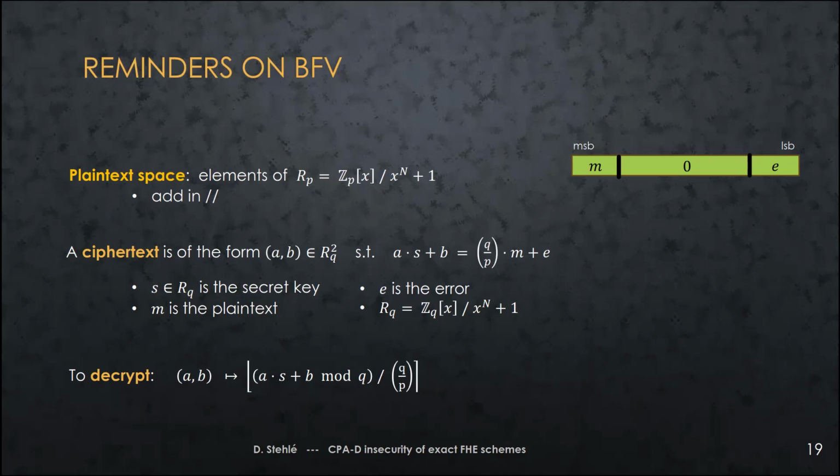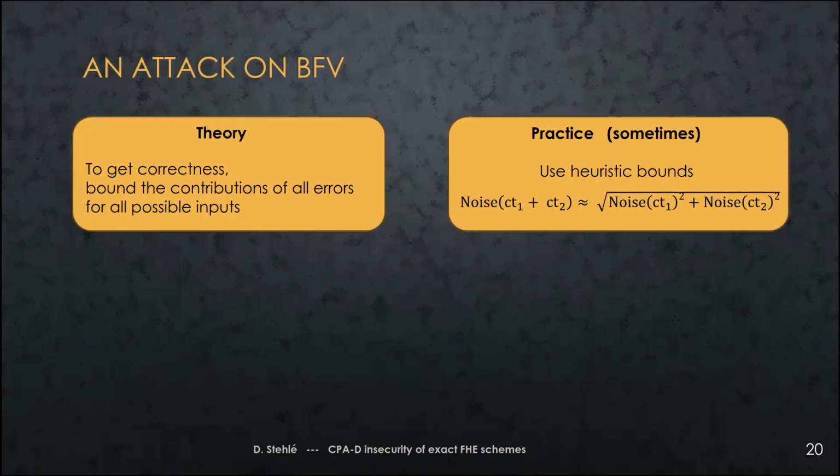Okay, so let's see how to attack this one. We are going to assume that the upper bound on the noise is computed in some way. In theory, to get correctness, you need to bound the contributions of all errors for all possible inputs. In practice, sometimes, not all libraries, I will discuss it a bit later, we may use heuristic bounds, and we may assume that the noise in CT1 and CT1 plus CT2 behaves in a certain way.